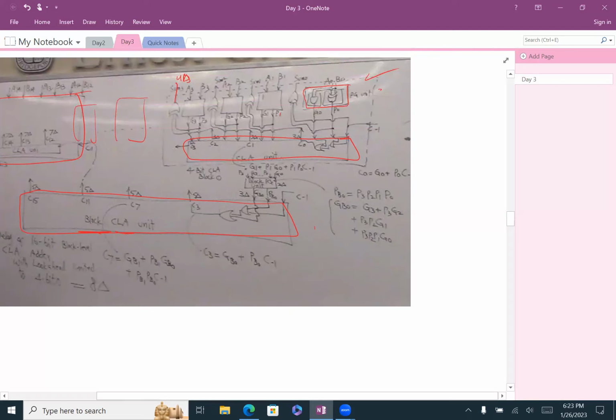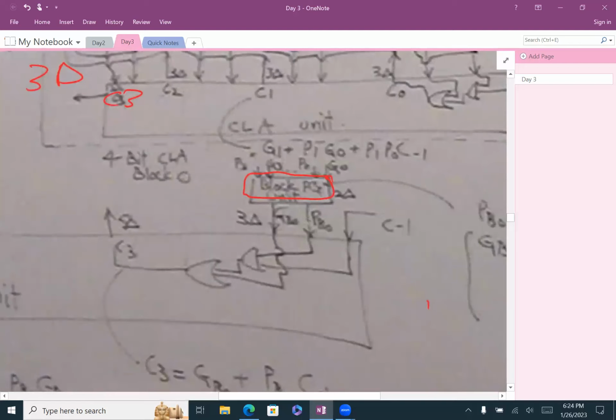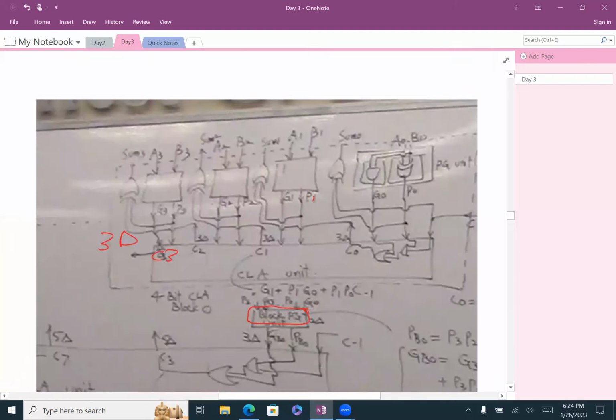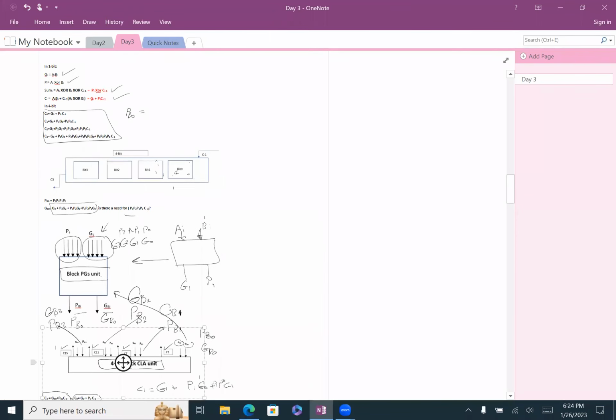All right. Now the question for you, let's discuss the delay, because it's a little bit tricky. When will we have the C3 here? 3 delta, correct? We all agree, correct? And how much will this one take from you? What's the equation for P and G? What's the equation here?